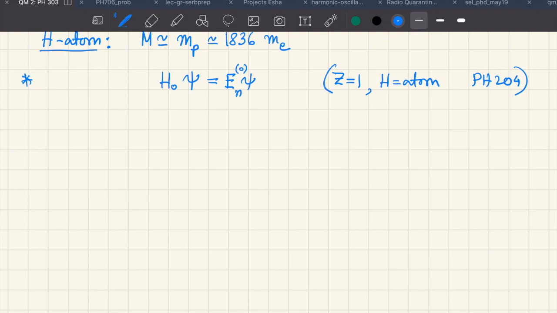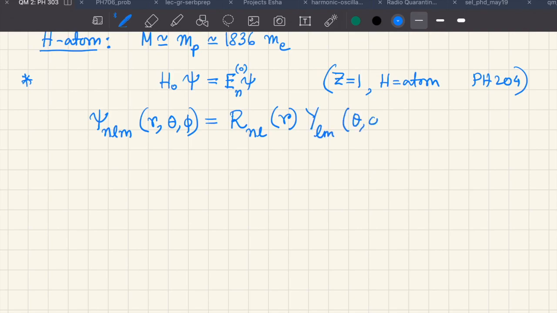Now the solutions were of this form. If you may remember, these solutions were psi nlm of r, theta and phi. We solved this hydrogen atom problem in spherical polar coordinates because the system has spherical symmetry, and the solution had a radial part which depended on the principal quantum number n and the angular momentum quantum number L, multiplied by the spherical harmonics Ylm theta phi.